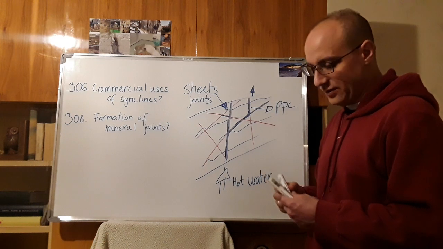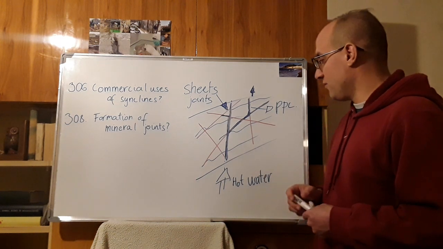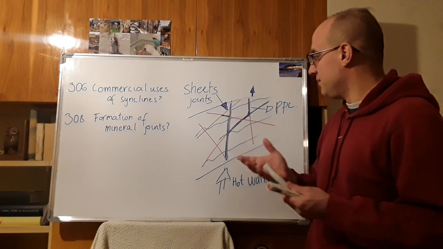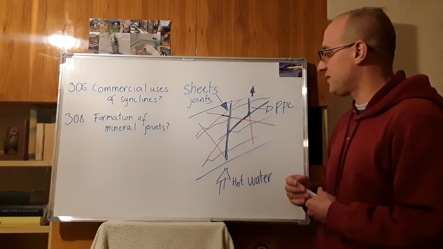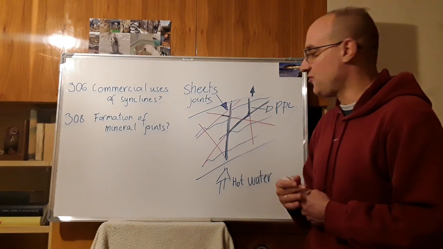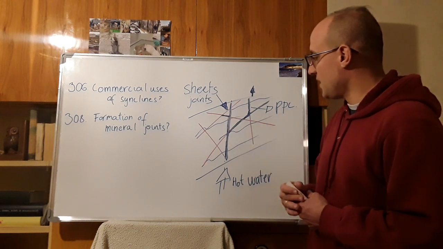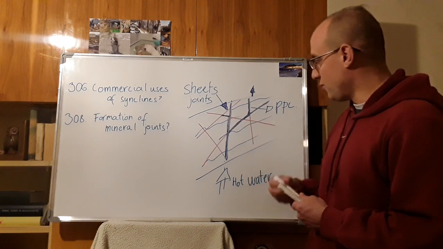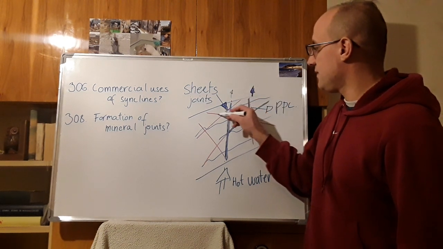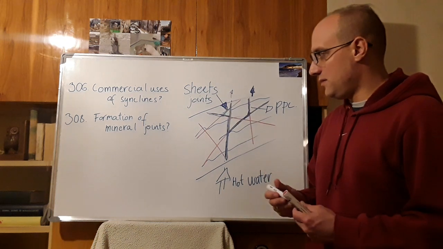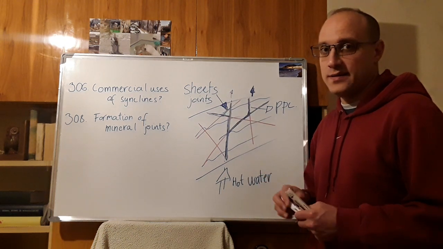Probably it will lose some of this mineral due to various chemical and physical properties it's going through, or how it's changing through this journey as it's moving towards the surface. So this is how mineral joints are developing.